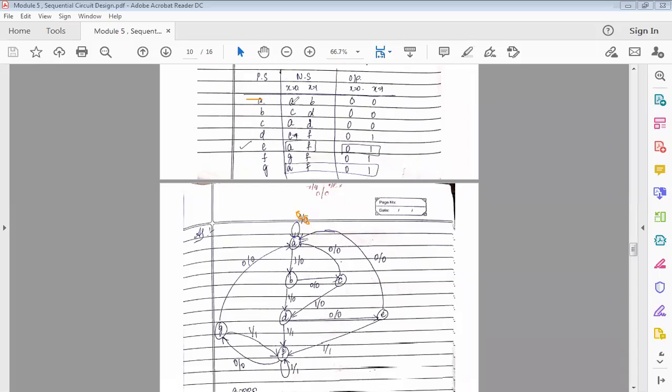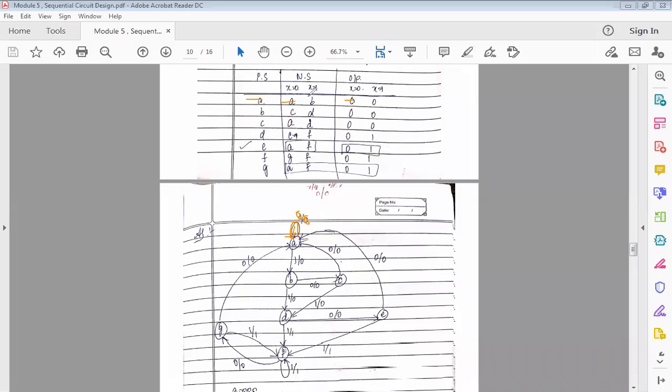It is going to the same state. So I will draw a loop here. This indicates that I am in the same state. So this is done, and this is also done.